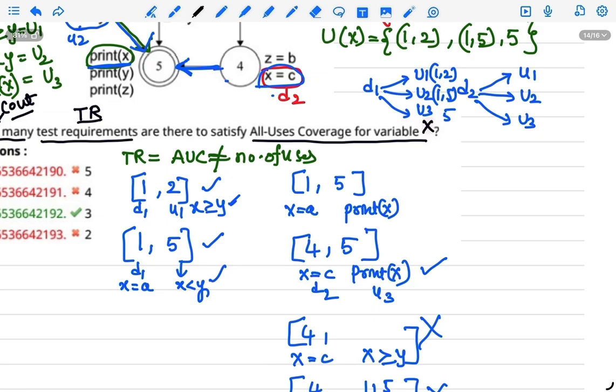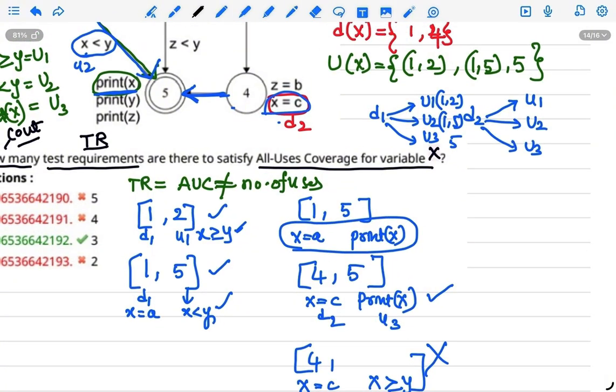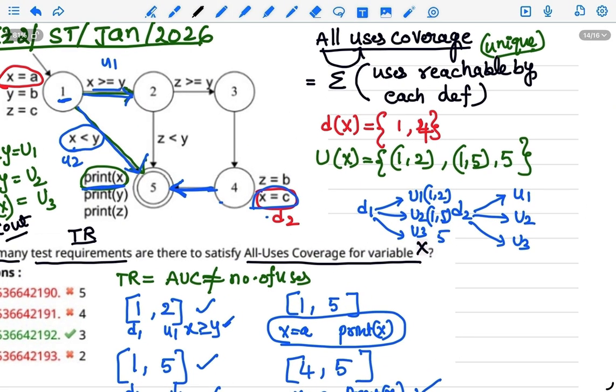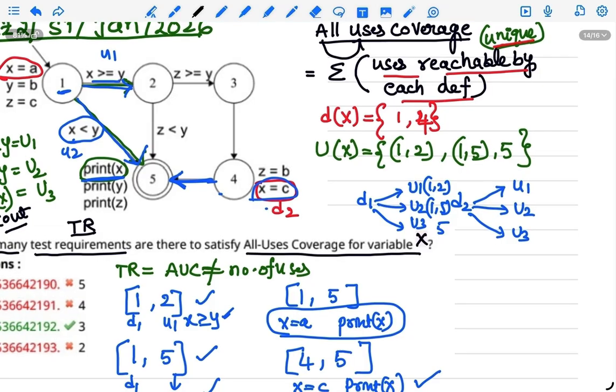Only these are possible. So why do we not consider this one? We consider only unique reachable paths, right? Unique, and all uses reachable by each definition.